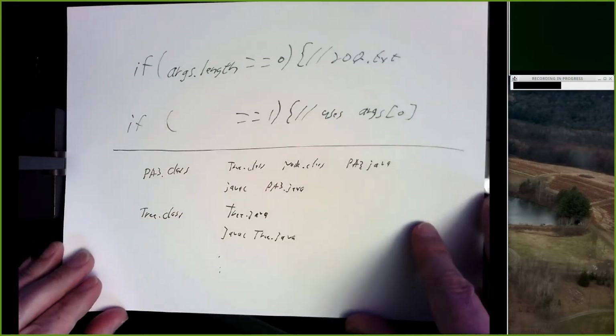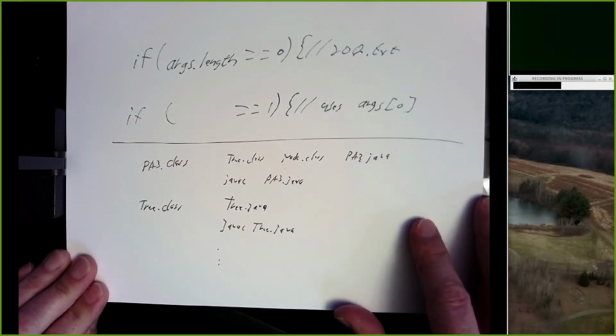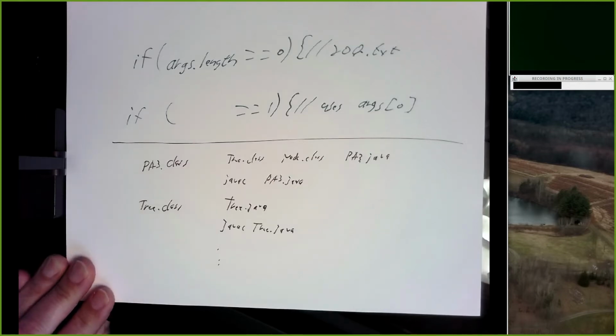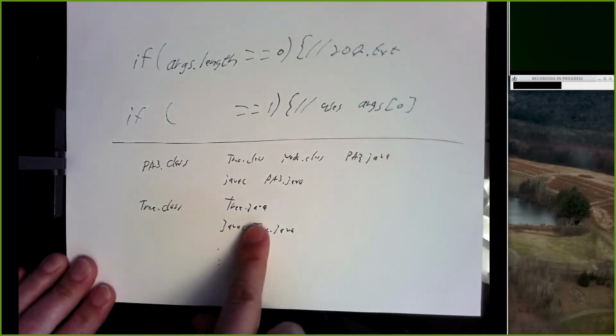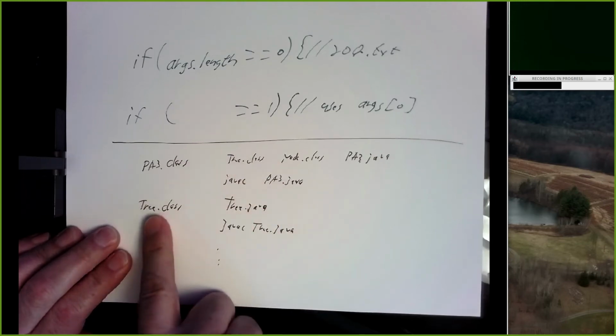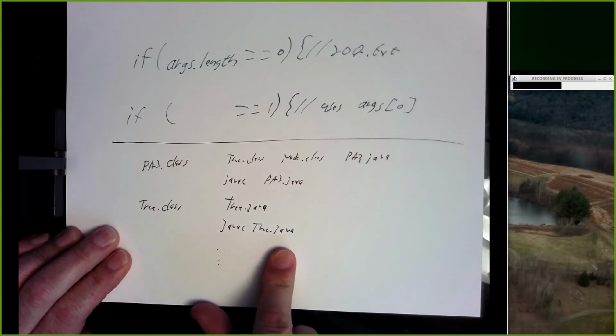Would it be a good idea then to do that for the tree.java and the other .java files that you might have in one's directory? So this is kind of a goofy makefile, but to make a tree.class, really all I need to know is that tree.java is up to date. If this changes, I need to rebuild tree.class, and I do that by compiling tree.java.